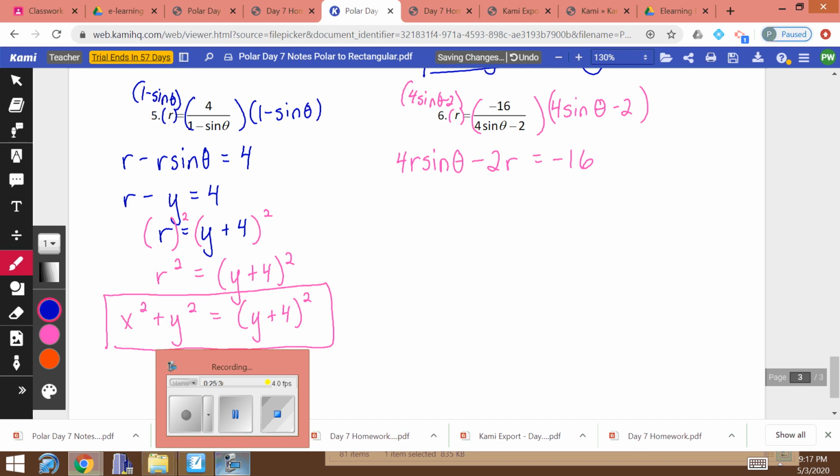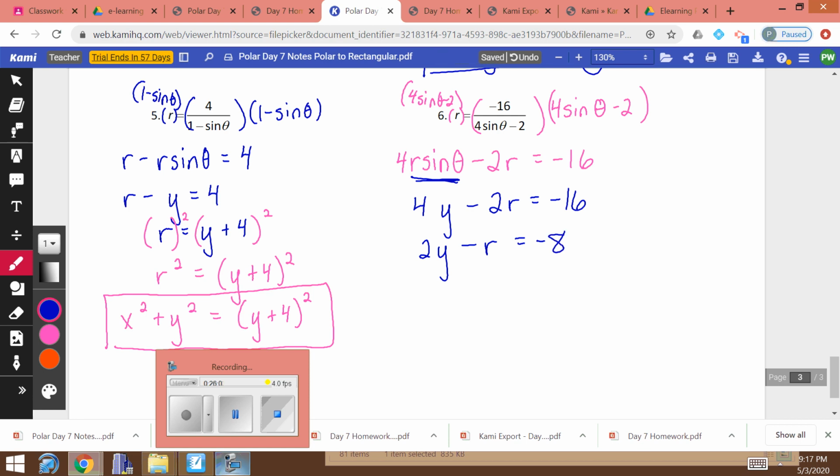Again, the more you do these, the more you're going to recognize r sine of theta is y. Okay. Again, we want to get r by itself really essentially here. One thing I want you to notice though is that they all have a common factor of 2 on here. I'm going to divide them all by 2. So 2y minus r is equal to negative 8, just to simplify it there.